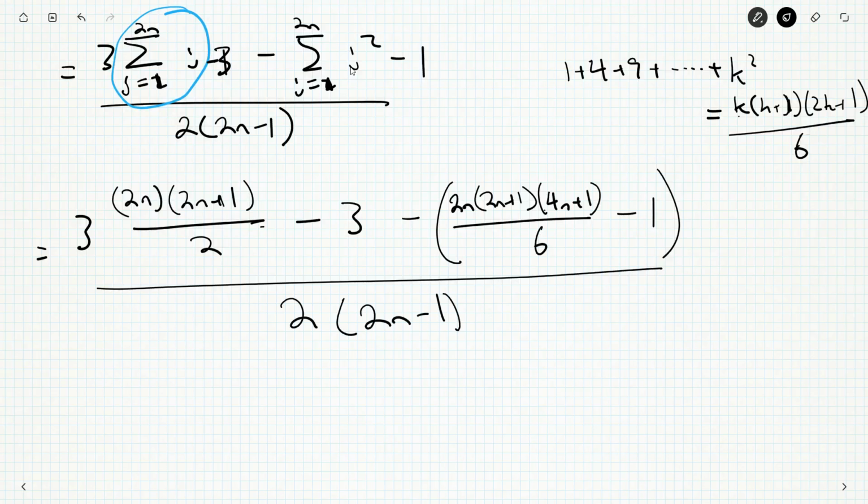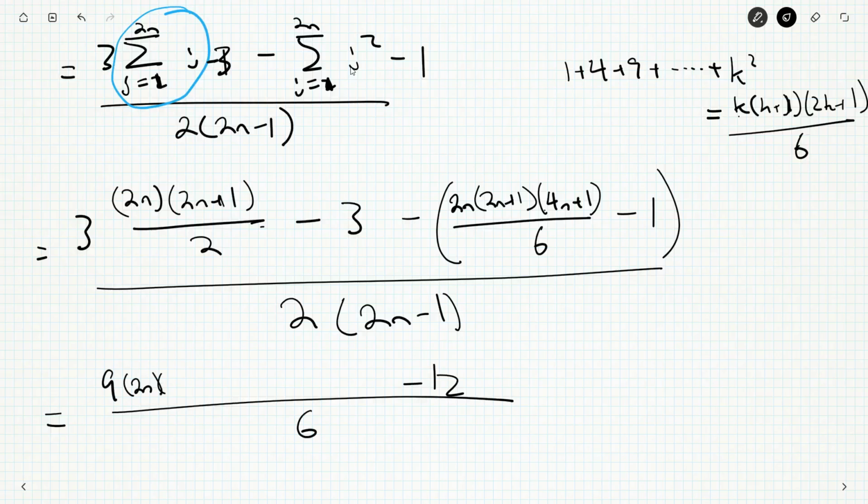What can we do? The minus 3 minus negative 1 is really just negative 2. I can put everything over 6, so we'll change that to minus 12, all over 6, so that'll be 9 times 2n times (2n plus 1).